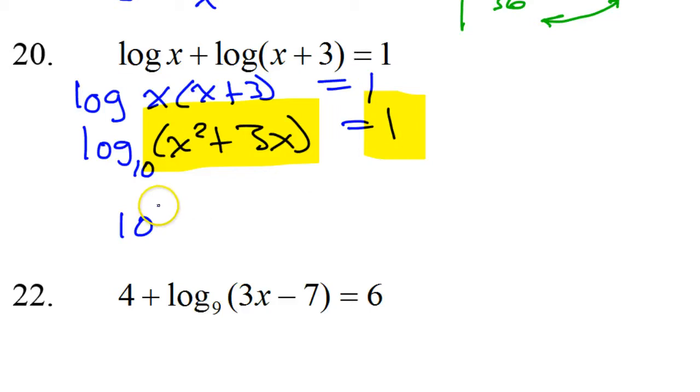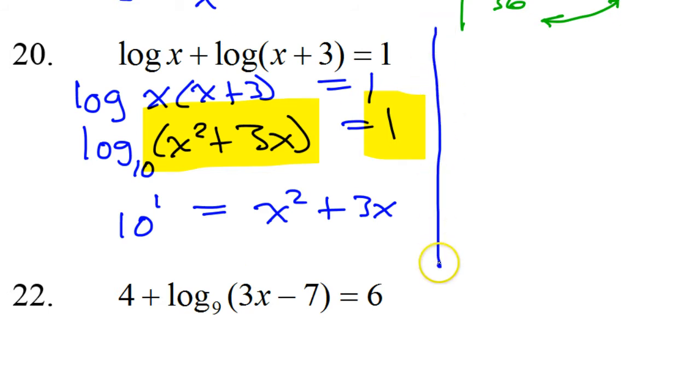So the 1 is going to come over here and become a power. And the rest of this is going to come over here. So it'll be x squared plus 3x, like that. Obviously 10 to the 1 power is just 10. So I'm going to subtract that 10 from both sides and try to factor.